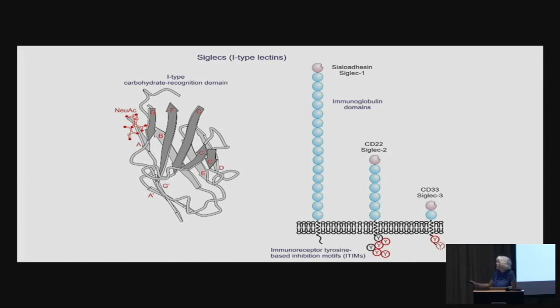So this is the I-type CRD, as you can see here. These other Ig domains are not involved in the sugar recognition; just this domain at the end recognizes the sugar. Many of these have signaling motifs in their extracellular regions, so these are typically involved in cell adhesion and cell signaling.